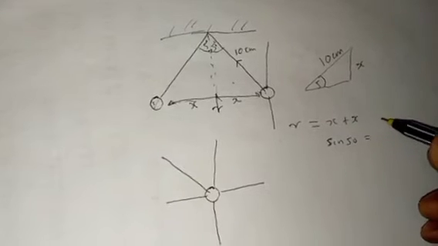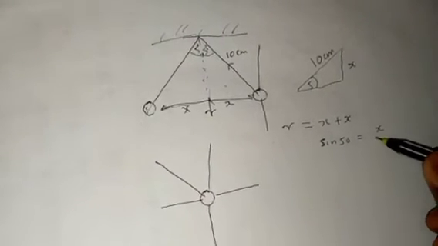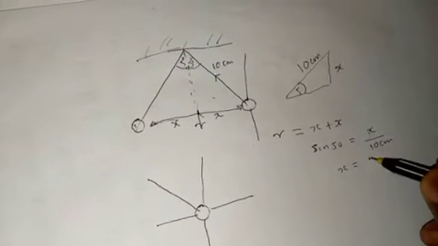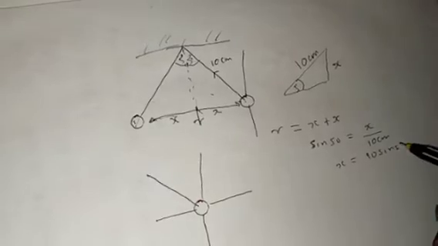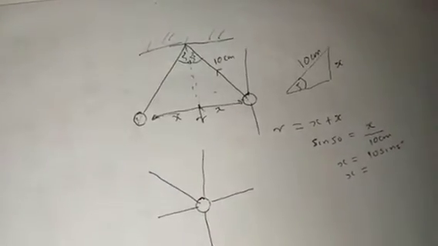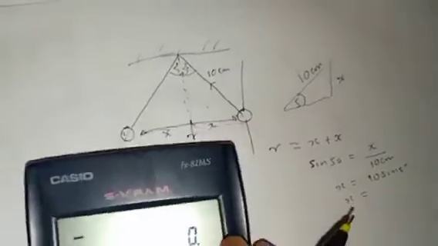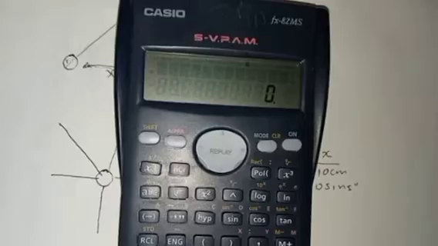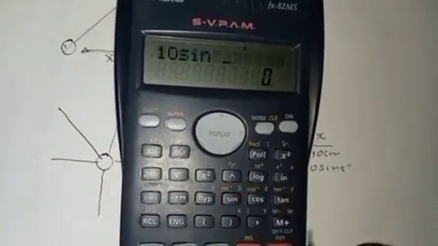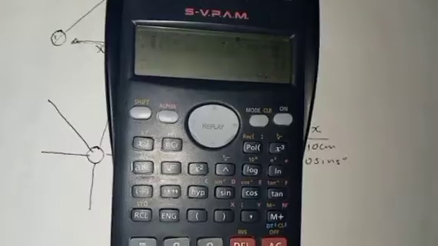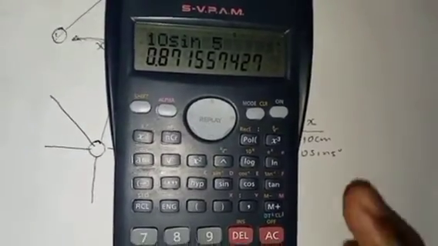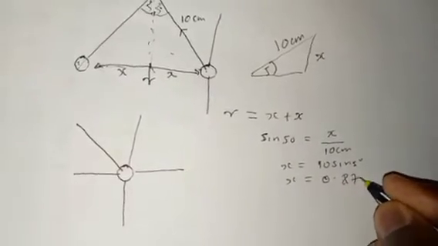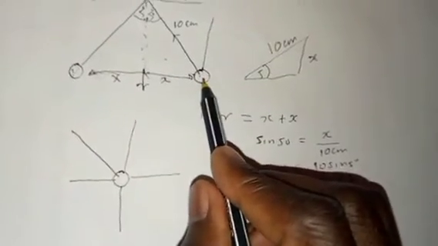So sine goes with the opposite, which is x, over the 10 centimeters. Then x is going to be equal to 10 sine 5 degrees. You punch this in your calculator. Okay, so 10 sine 5 degrees, we are getting 0.87. This is the value of x from here up to somewhere there.